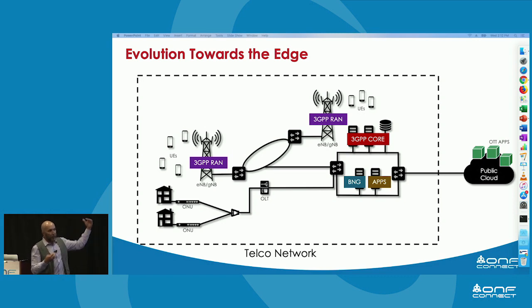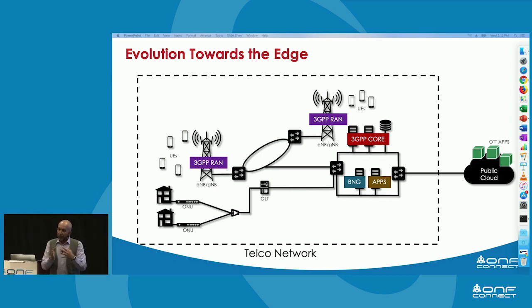From a cellular perspective, if an operator has not yet gone through virtualization, the core network components are going to be realized in vertically integrated boxes. On the broadband side, the customers are going to be in home premises. So you would have CPEs connected to ONUs.